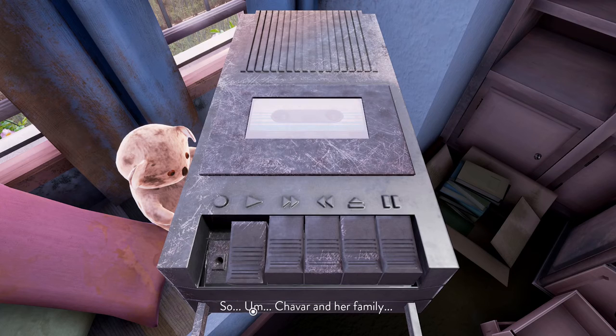So Shavar and her family and others she trusts, I guess, well, they'll arrive when they can, without giving, like, covertly.